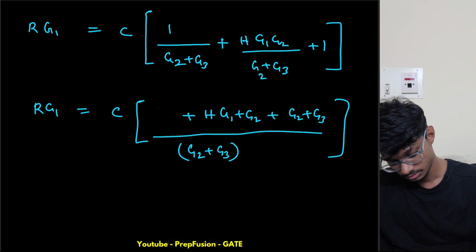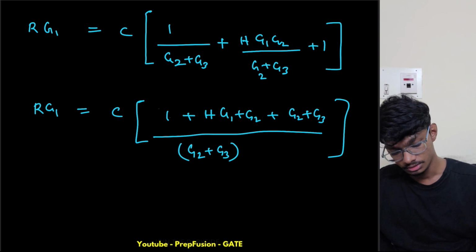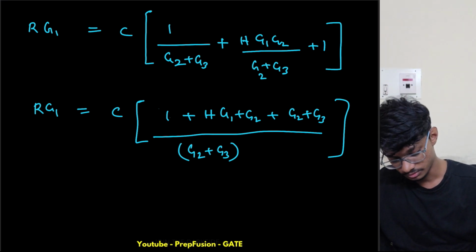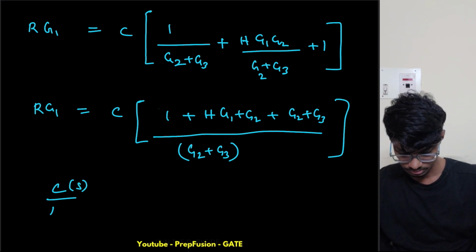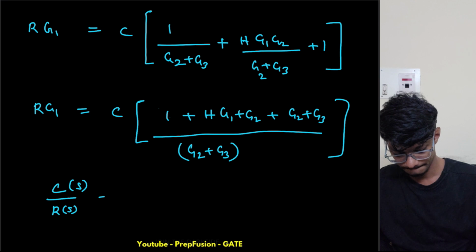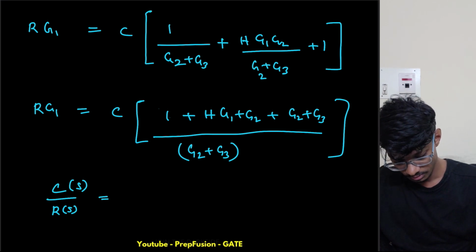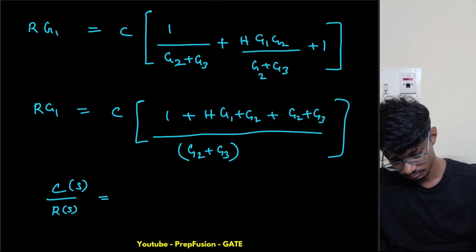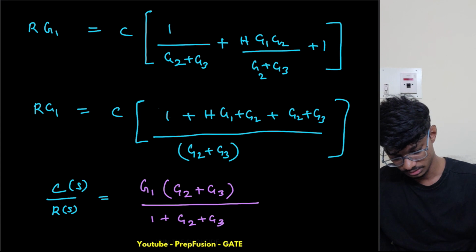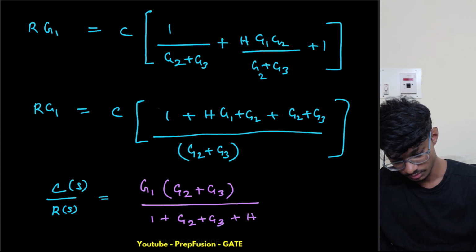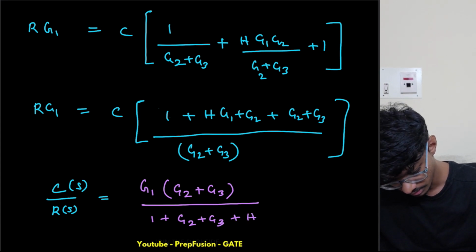So now we can simplify the ratio, C of s by R of s equals g1 into g2 plus g3 divided by 1 plus g2 plus g3 plus h. Okay, again this is not plus, this is actually multiplied.